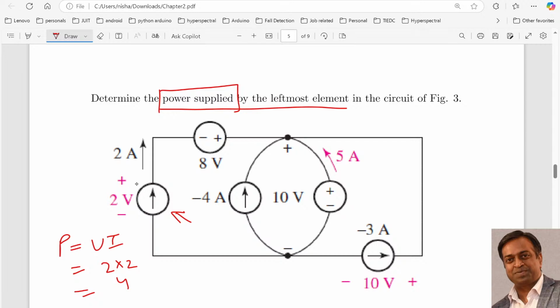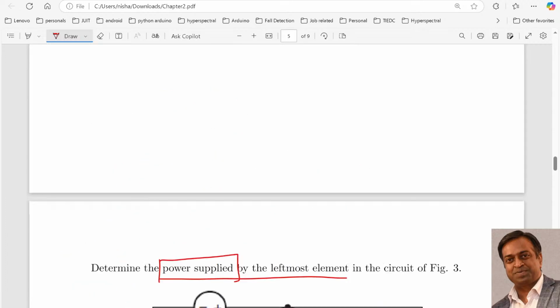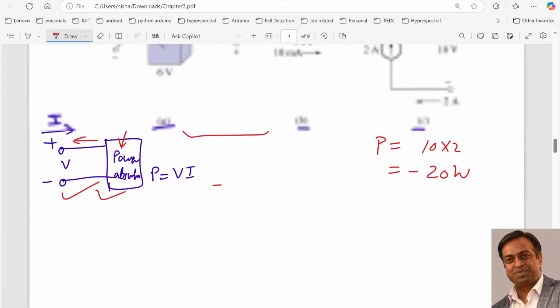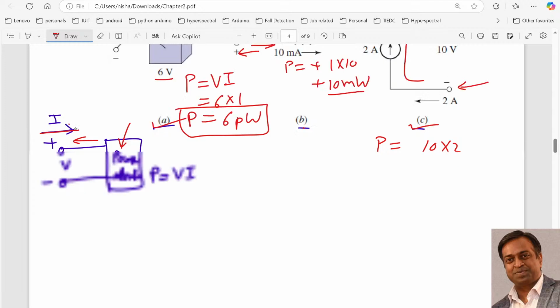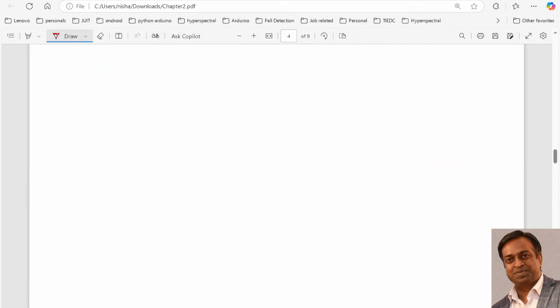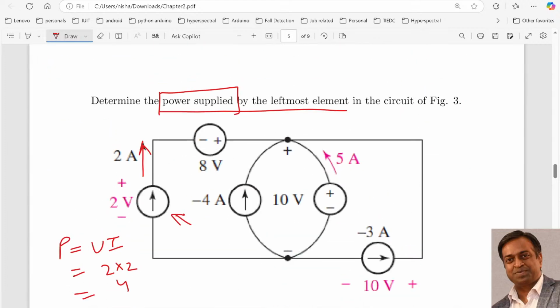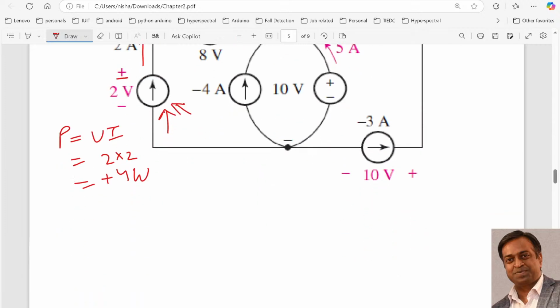Since the current is leaving the positive terminal, and we have learned above that if the current is entering the positive terminal then it is an absorber, and if it is leaving the positive terminal then it is a supplier, the answer will be plus 4 watt. This device is supplying the power of 4 watt.